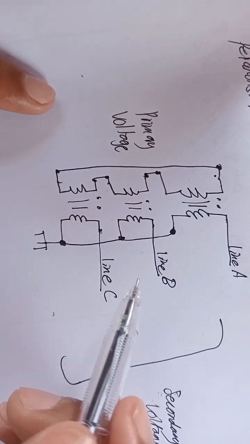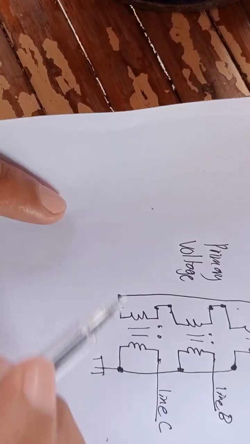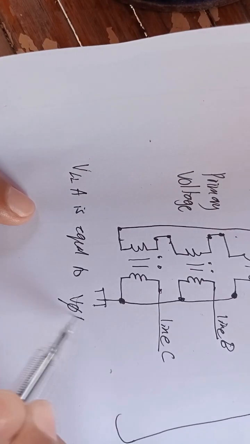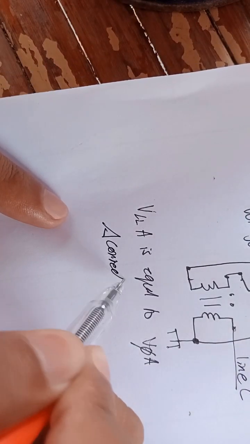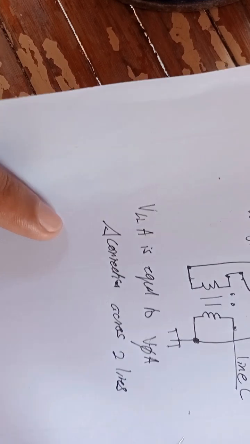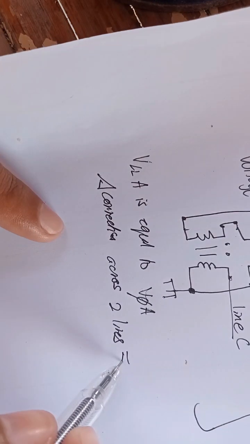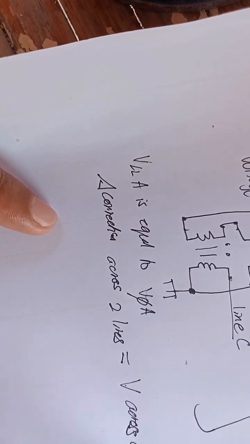Then we should expect that our line to line AB is equal to our phase A. And we should also expect that our delta connection across two lines is equal to the voltage across our winding.